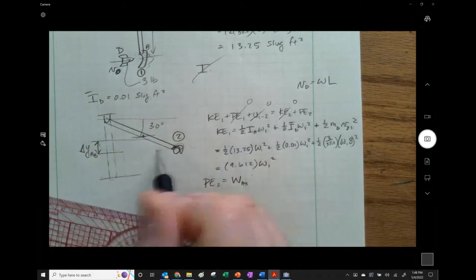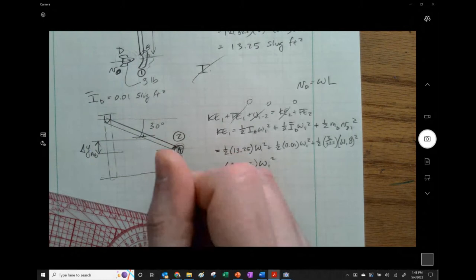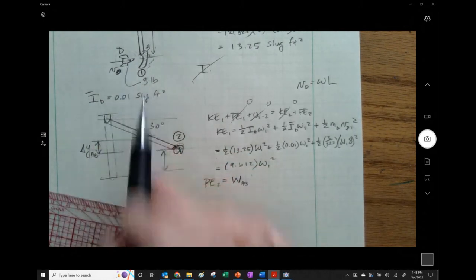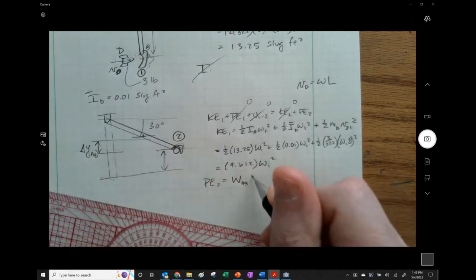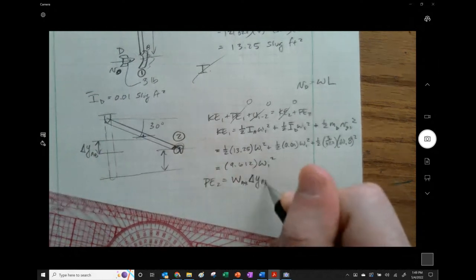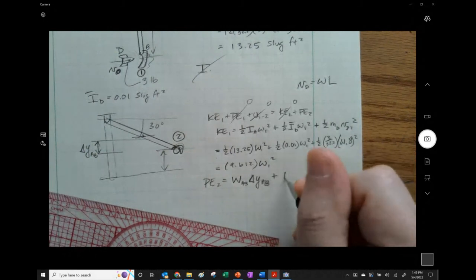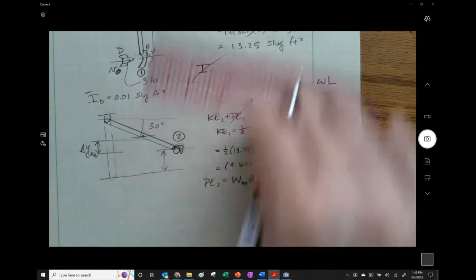We also need to get this distance right here, because it is 3 pounds, so it's going to have a bit of a difference here. Then plus the weight of that times delta Y D.